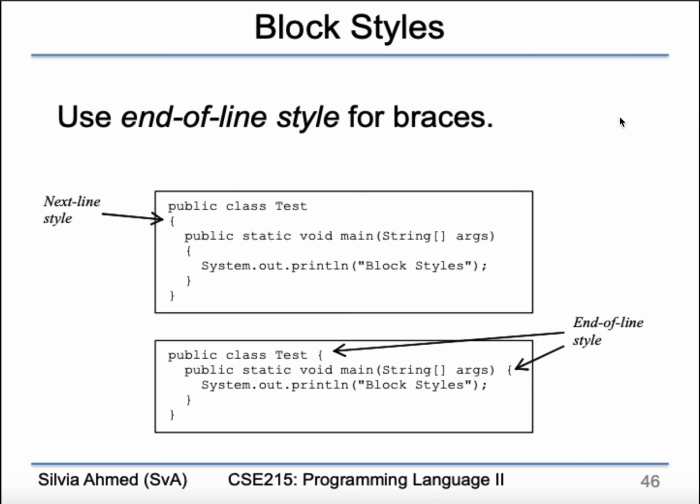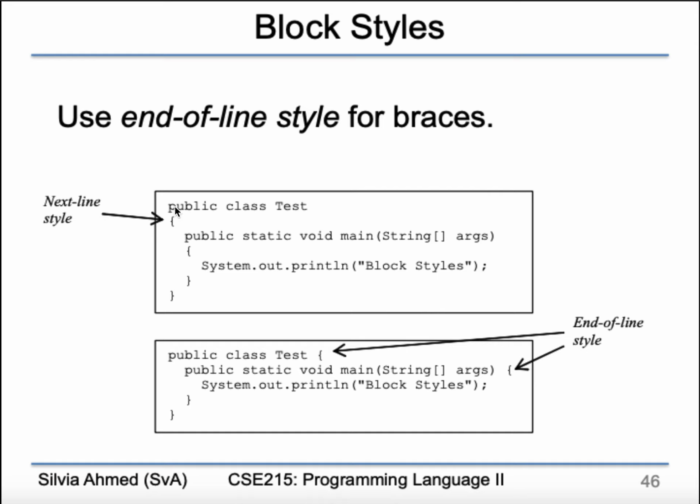Okay, and the block style. So block, I have told you earlier that block means the starting of a curly brace and the ending of a curly brace. So inside everything is a block. So there are two types of block. One is called the next line style.